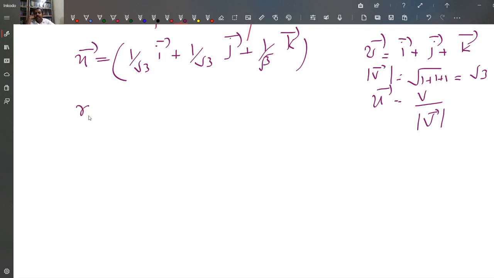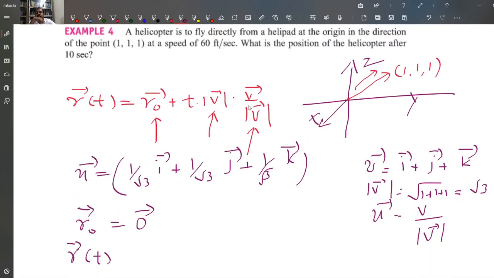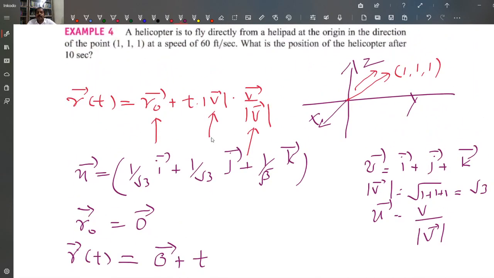And you have the initial position r naught is 0 at the origin. So from the equation, r of t equals r naught plus t into speed times the unit vector. So r of t equals the vector 0 plus t times modulus of v.